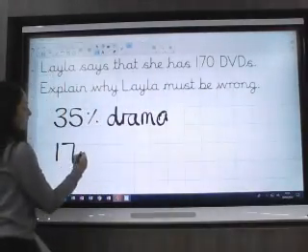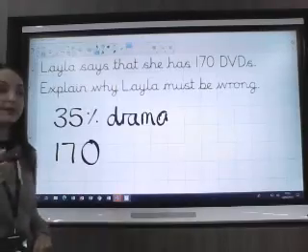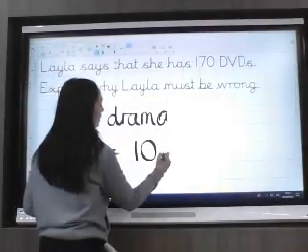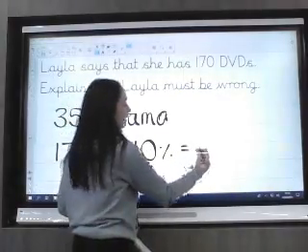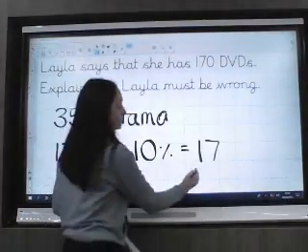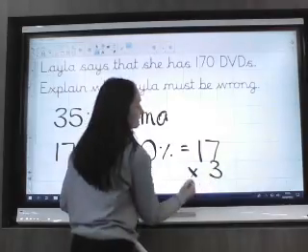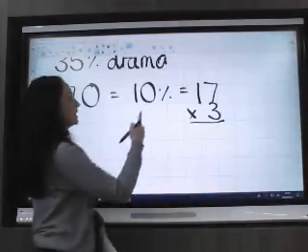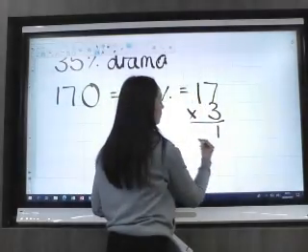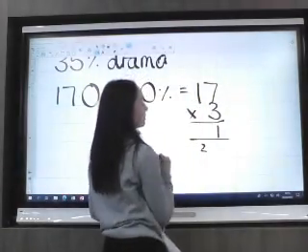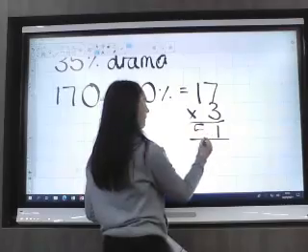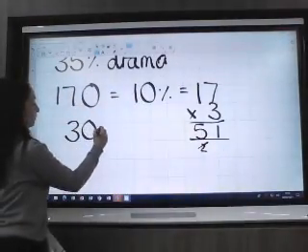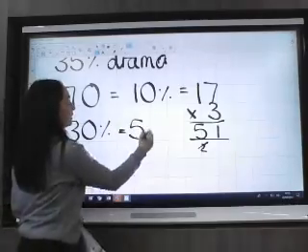Remember, to work out 30%, we'd find 10% and multiply it by 3. So 10% would be 17. 17 times 3. 7 times 3 is 21. 1 times 3 is 3. Add the 2 is 5. So 30% would be 51.